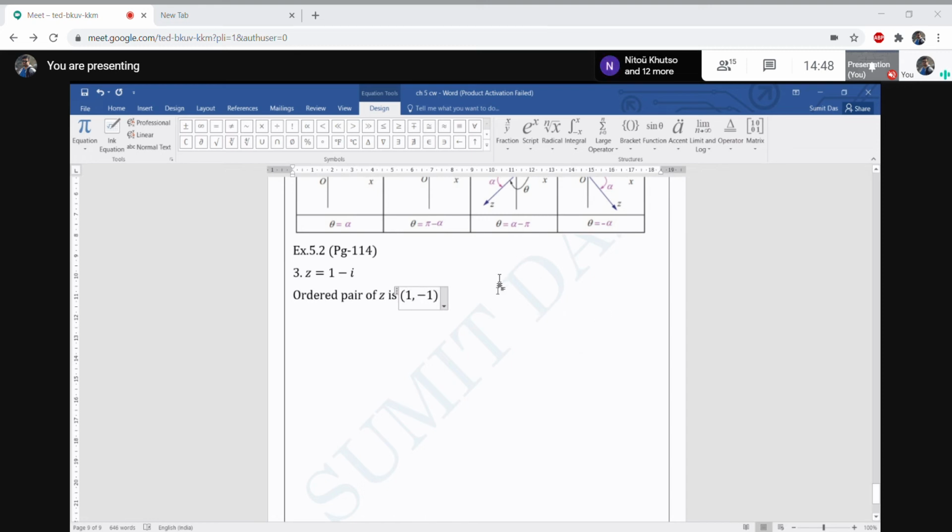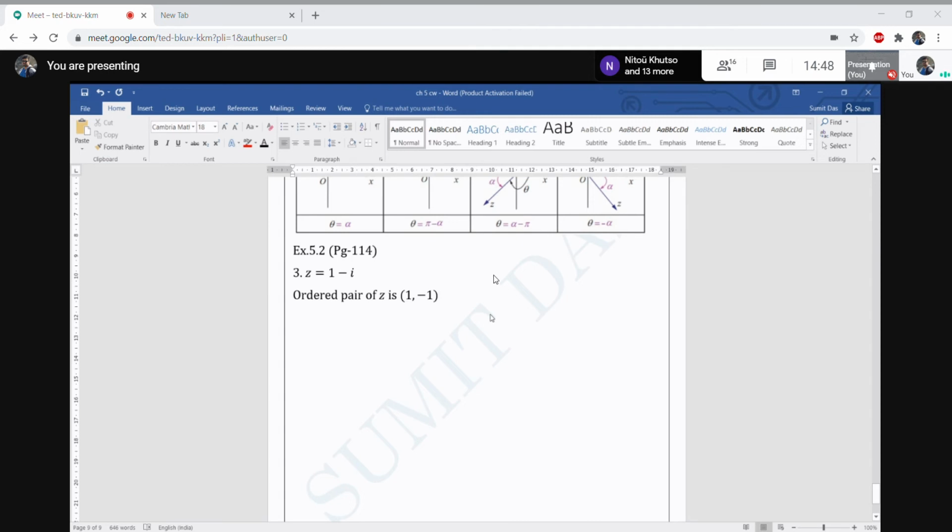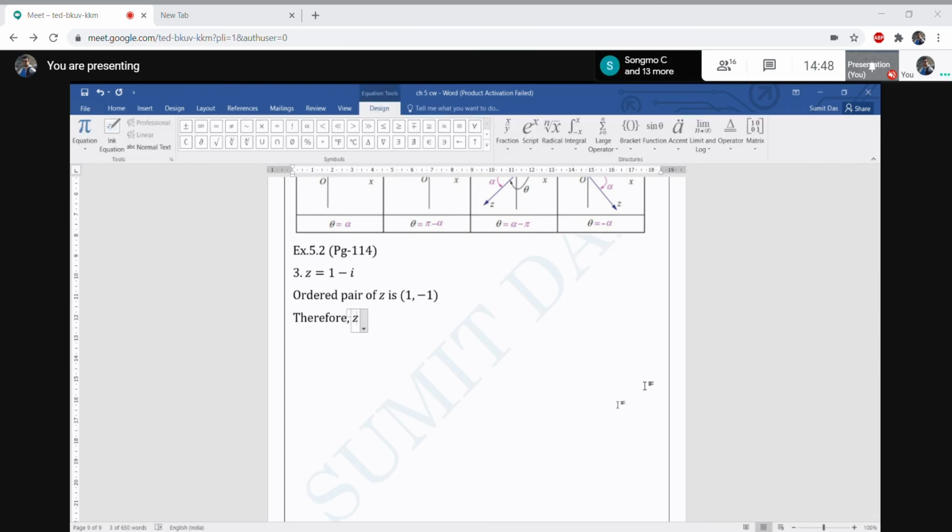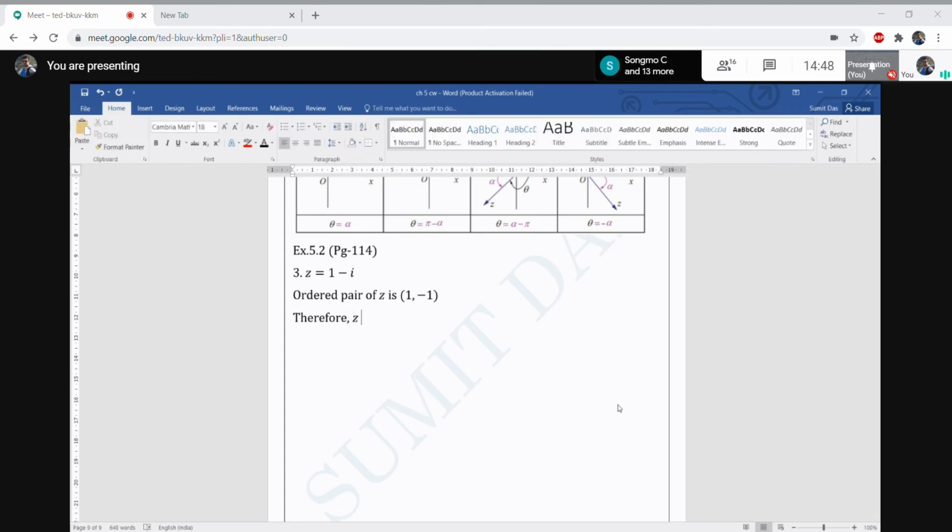So this is in the fourth quadrant. First we have to know in which quadrant this number is situated. Therefore Z is in the fourth quadrant. That is the first job.